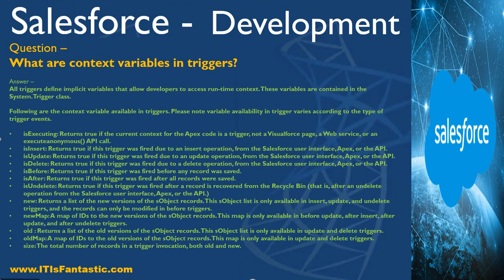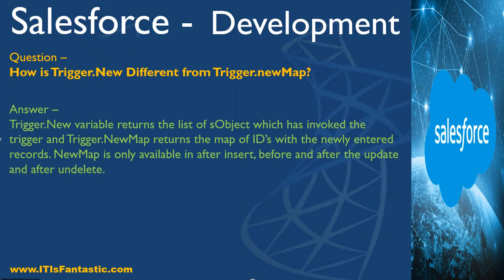What are context variables in triggers? All triggers define implicit variables that allow developers to access runtime context. These variables are contained in the System.Trigger class. How is Trigger.new different from Trigger.newMap?